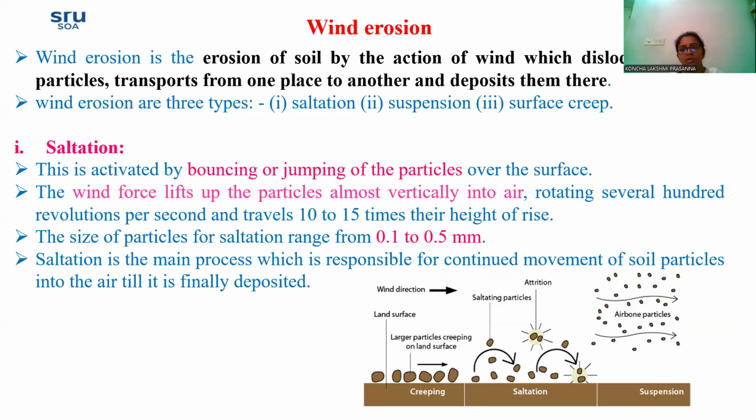When the particles move into the air vertically, they rotate several hundred revolutions per second and travel 10 to 15 times their height of rise. The particle size ranges from 0.1 to 0.5 mm. So this is saltation, the bouncing or jumping of particles one over the other.